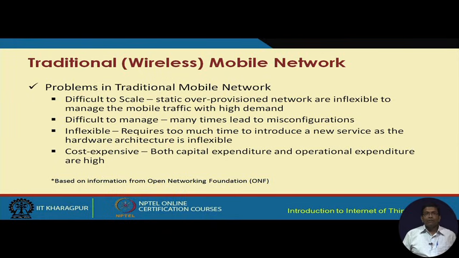The problems are with respect to scalability. Each of the nodes in the network, including the base stations, access points, etc., is typically statically over provisioned, and they are inflexible in managing mobile traffic with high demand.